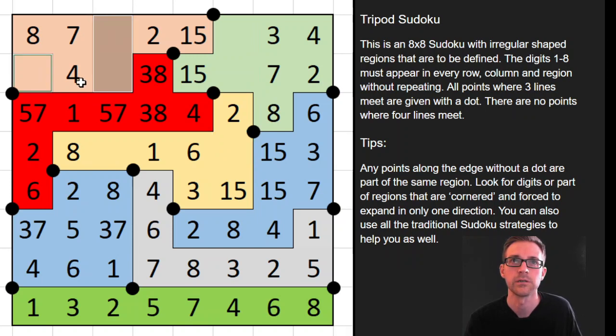We're missing here a 1, 3. Well, 3 can't go here, so that puts a 3 in one of these two. So if a 3's in one of these two, this can't be a 3. So that's an 8. That's a 3.